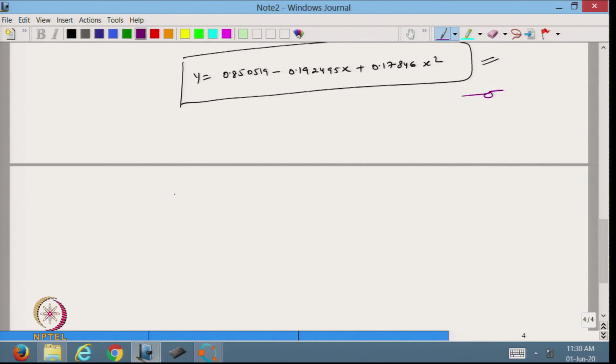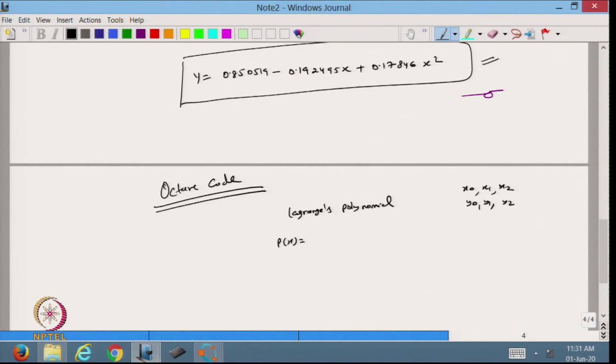So in the Lagrange polynomial, I know that I have the polynomial, suppose I have p(x). In this case, suppose I have the points x0, x1, x2, y0, y1, y2.